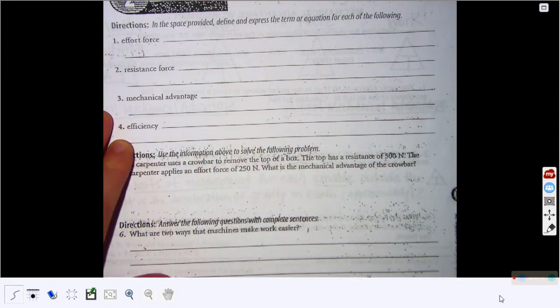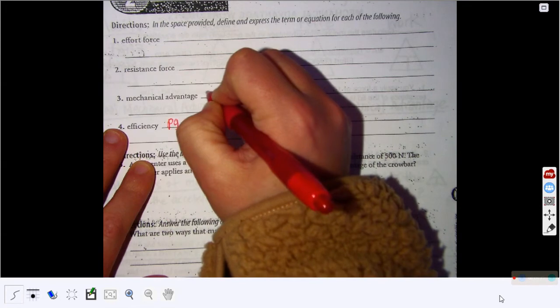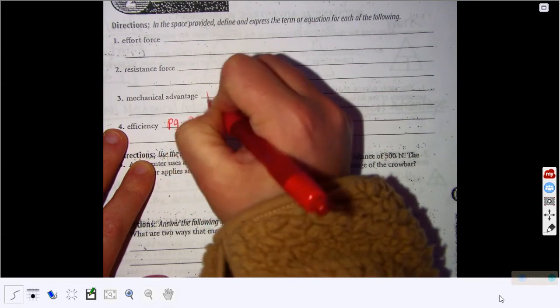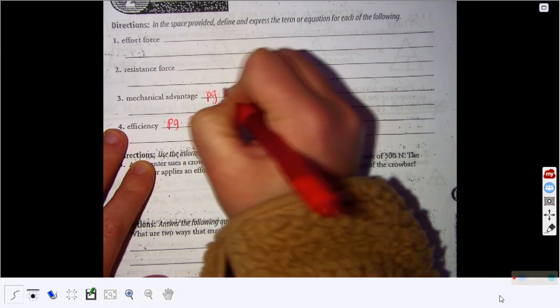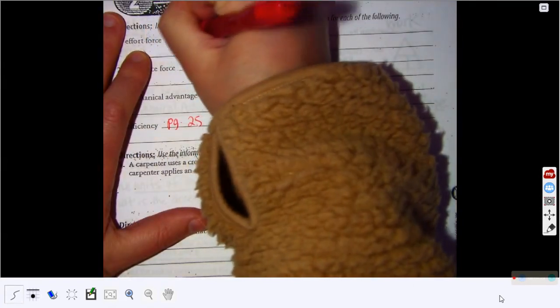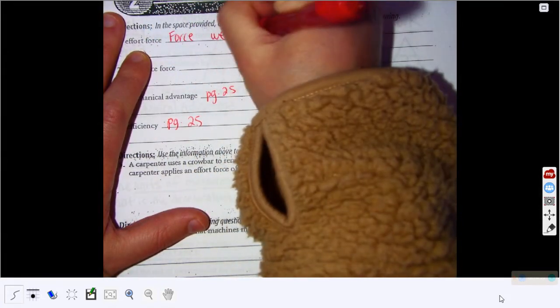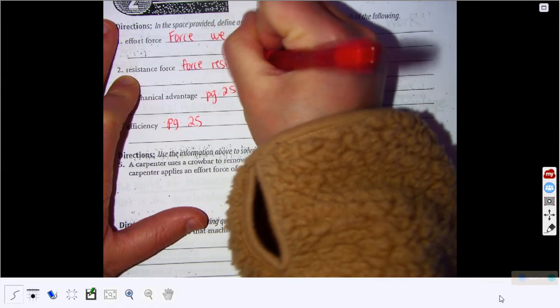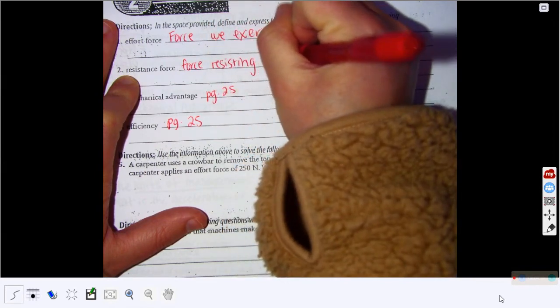Now, efficiency is on the back on our notes page, which was page 25. And our effort force is the force we exert. And the resistance is the force resisting our effort.